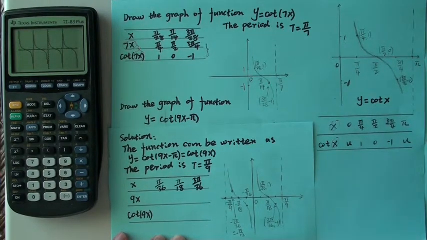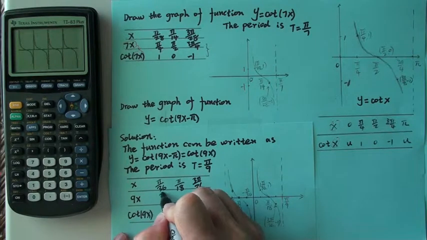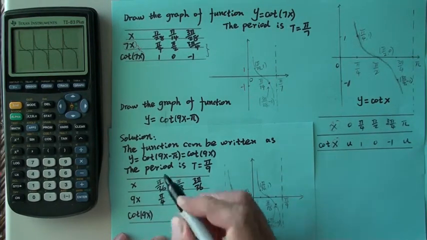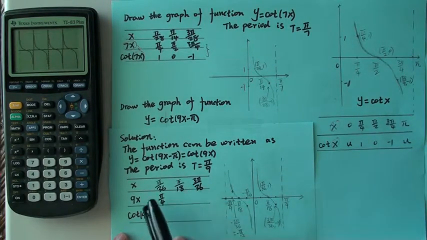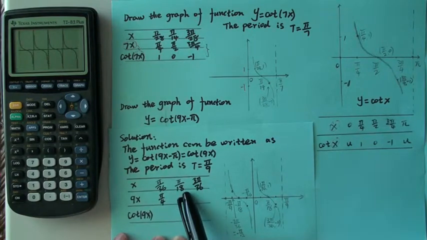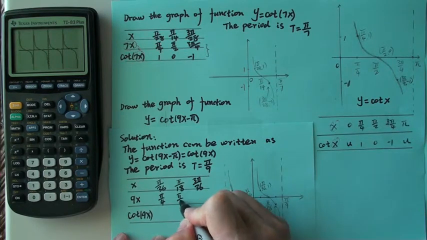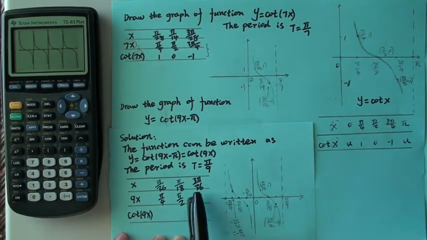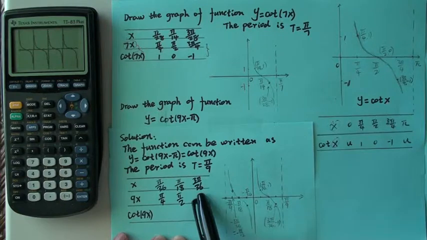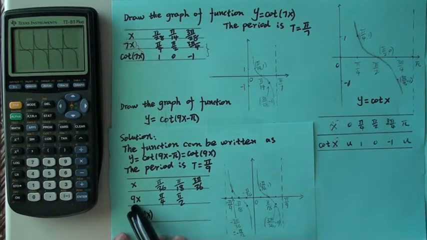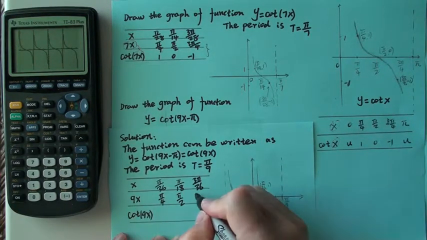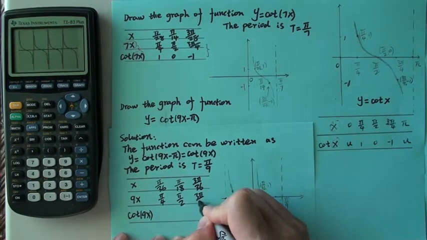Now when x equals pi over 36, 9x is pi over 4. When x equals pi over 18, 9x is pi over 2. And when x equals 3 pi over 36, 9x is 3 pi over 4.